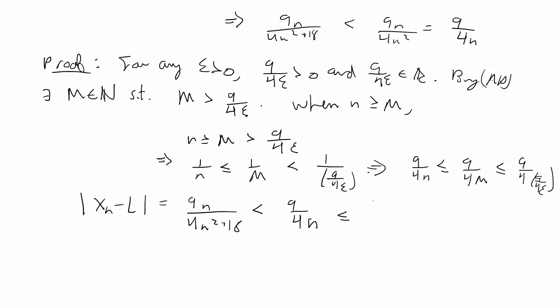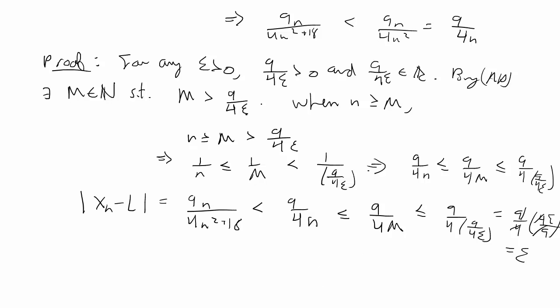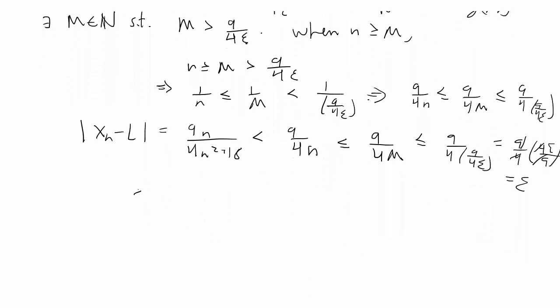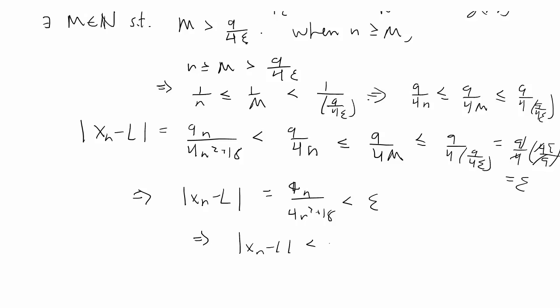So that gives you less than or equal to 9/4 m, which is less than or equal to 9/4 times 4 epsilon over 9, which not coincidentally just equals epsilon. So then you have that the absolute value of xn minus L equals 9n over 4n squared plus 18, which is less than epsilon. So you have that xn minus L is less than epsilon.